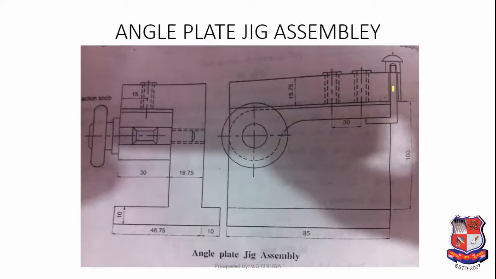An L-shape clamping knob is used to clamp the component or to resist the component against the cutting force. From design we can see that here jig bush is located. So first we will design jig bush.